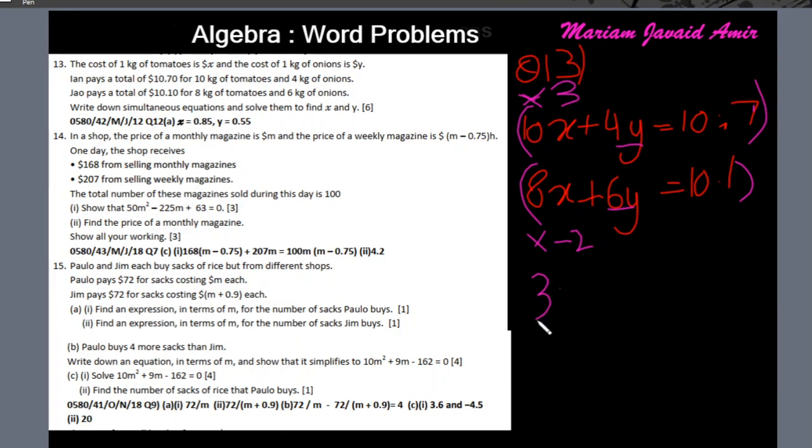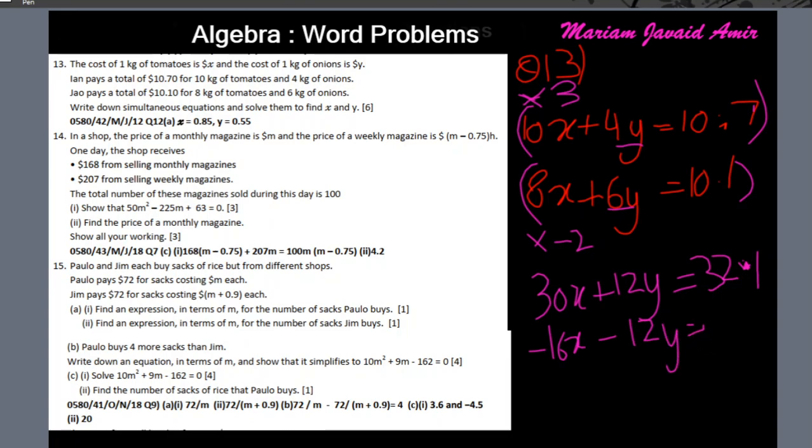So I get 30x plus 12y equals 10.7 times 3 is 32.1, and the second equation becomes minus 16x minus 12y equals 10.1 times minus 2, which is minus 20.2.